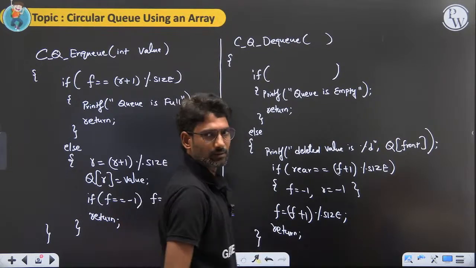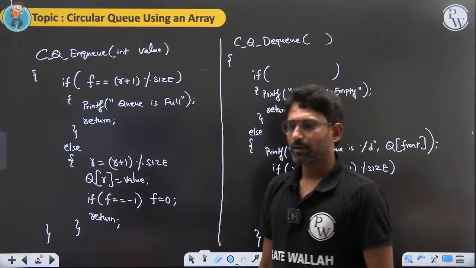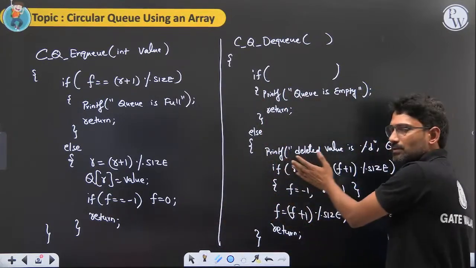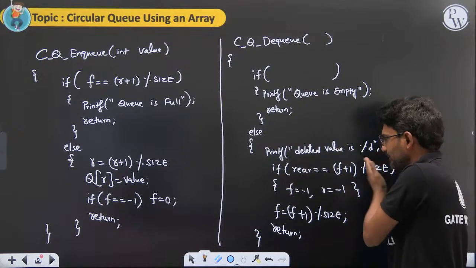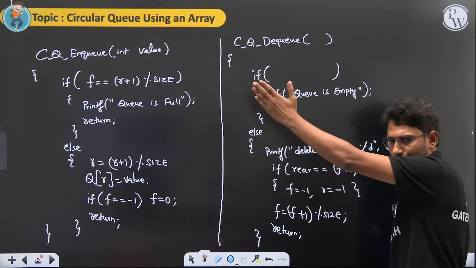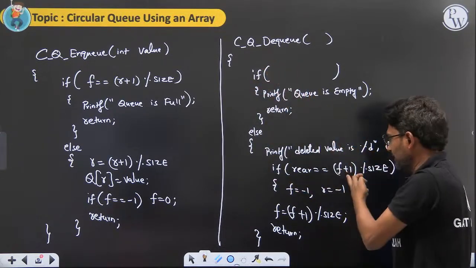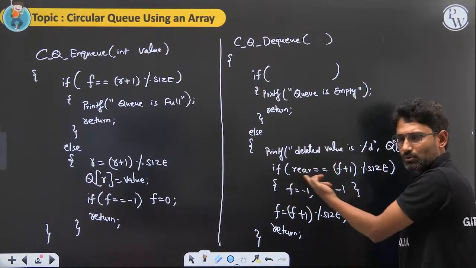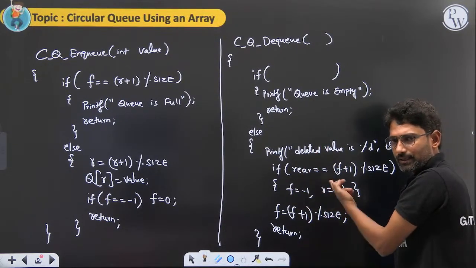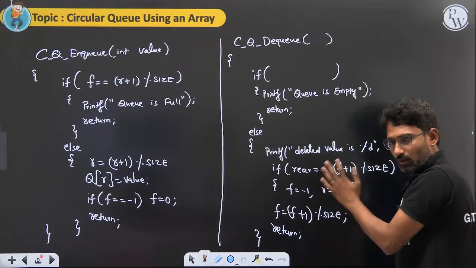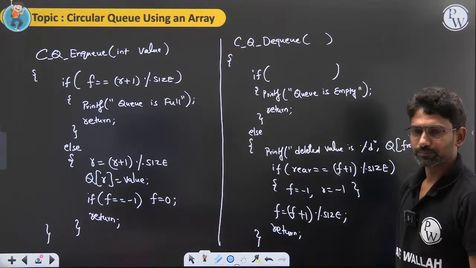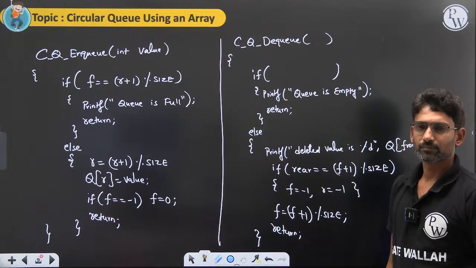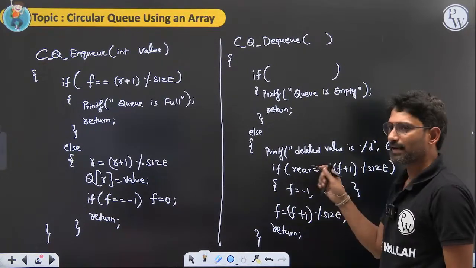Fine. Now the point is, if I am doing regular deletions, 0 element deleted, rear is at 4, front becomes 1; 1 deleted, front 2; 2 deleted, 3; 3 deleted, 4. Now rear is at 4, front is also at 4. So this actually has some bug.